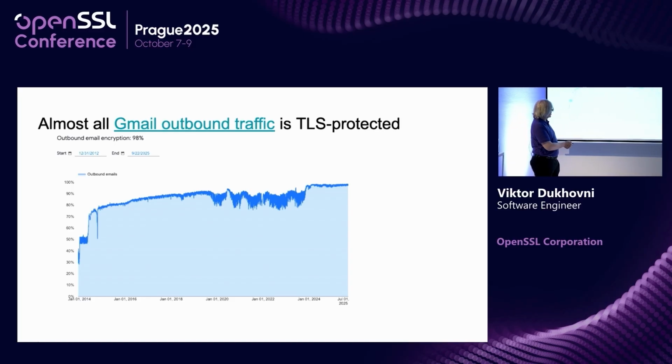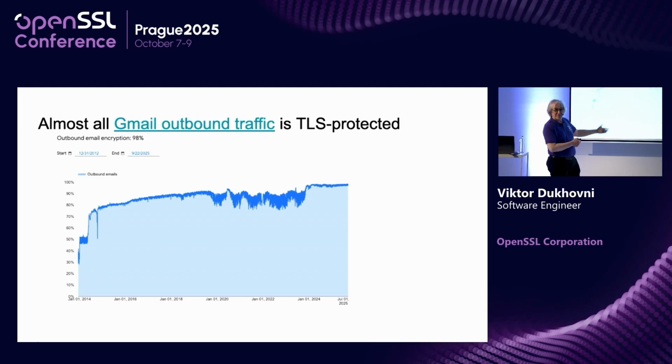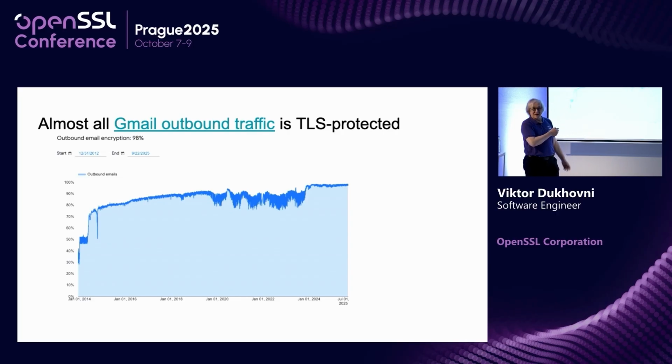We fast forward to 2025, and at least the outbound traffic is 98% encrypted from Gmail. So actually, it's higher than in the web, right? We were hearing figures of 80% of web traffic is encrypted. 98% of email traffic is encrypted. Opportunistic security works. I actually have an RFC about that, 7435, if anybody bothers to look. It's some encryption, some of the time, is better than none.